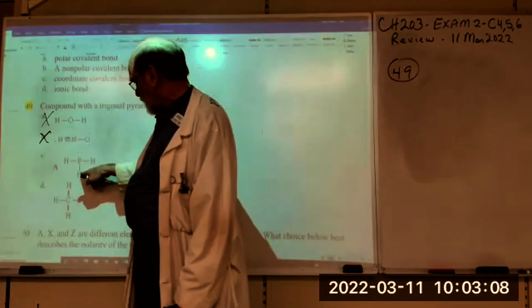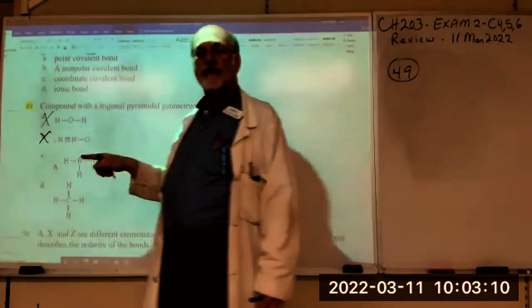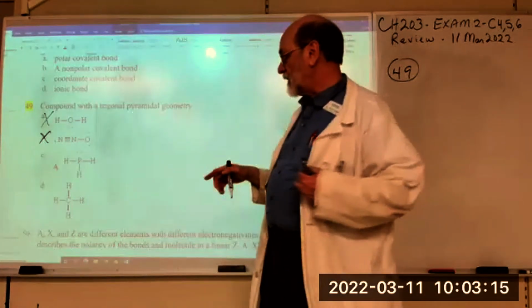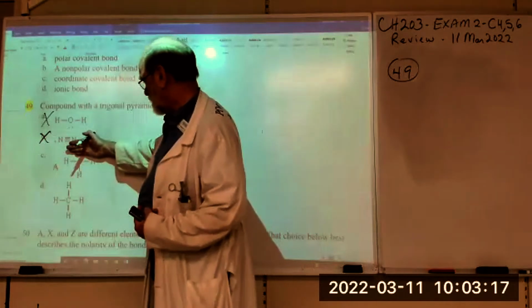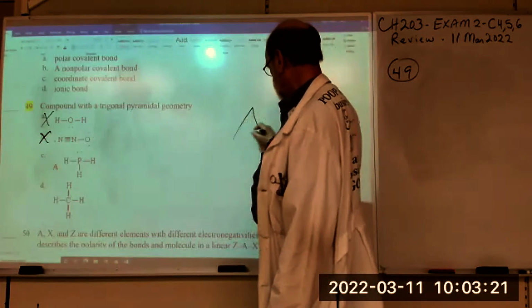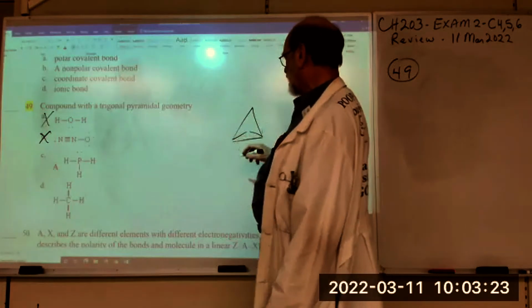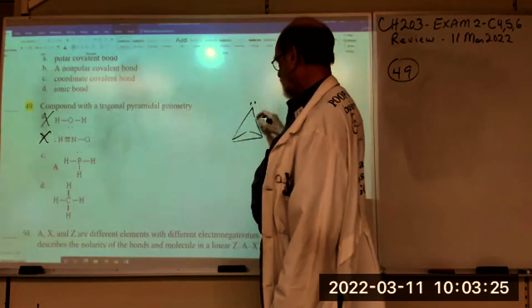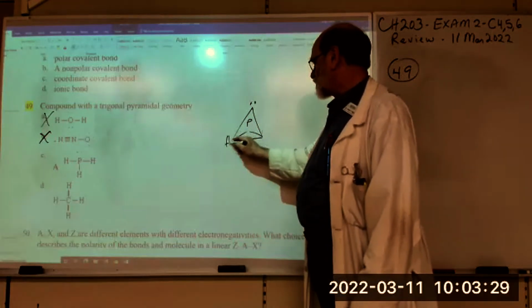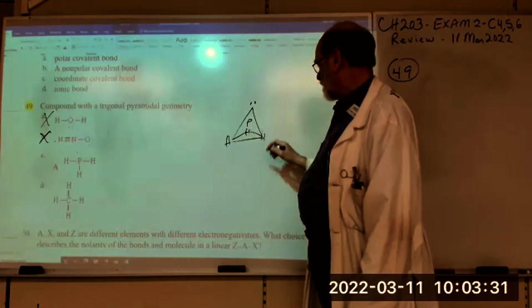This one has 1, 2, 3, 4 groups, so it's tetrahedral. And then you cover this one up. And what do you have left? Well, if you have tetrahedral like that, and you have your phosphorus in the middle, then you have your hydrogens here, here, here.